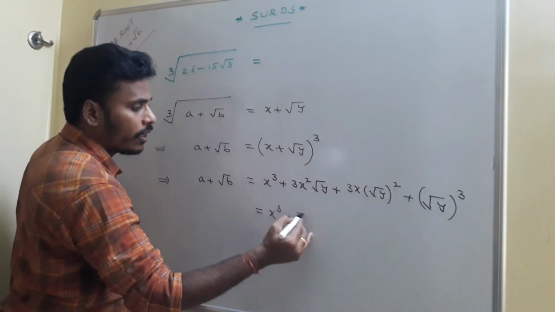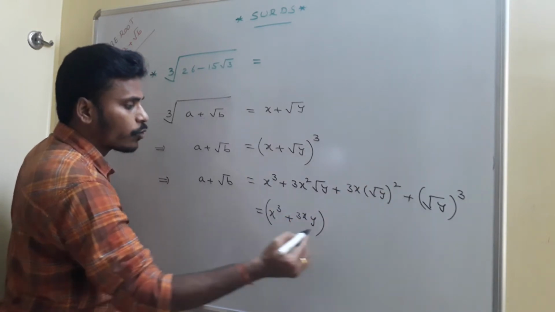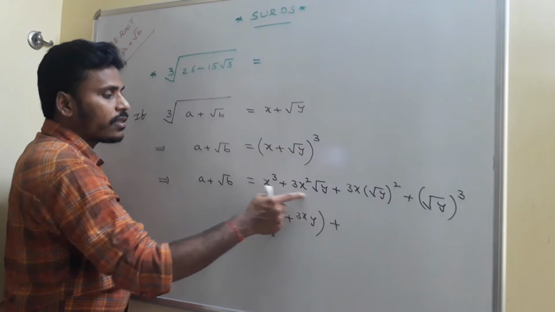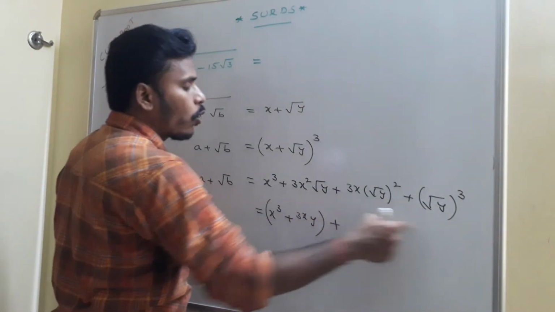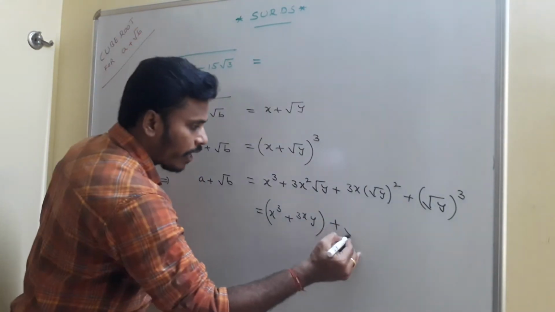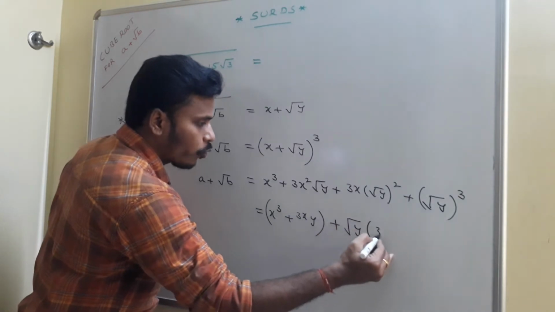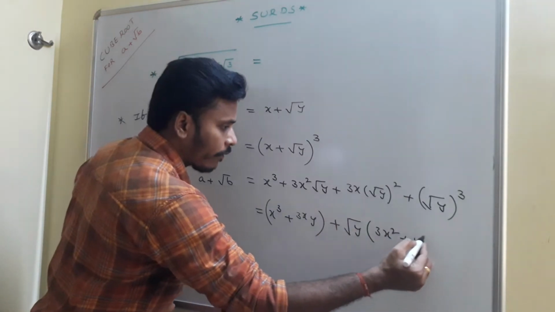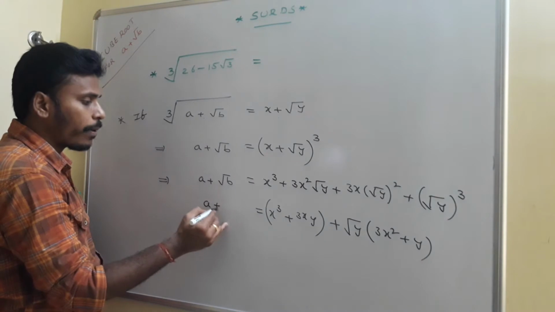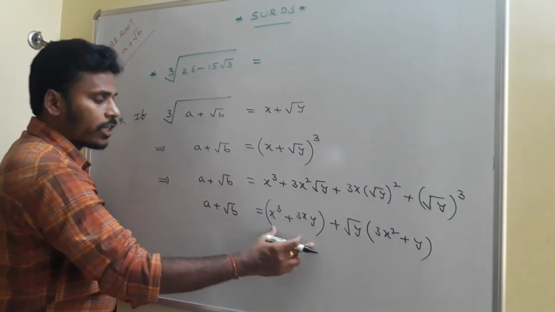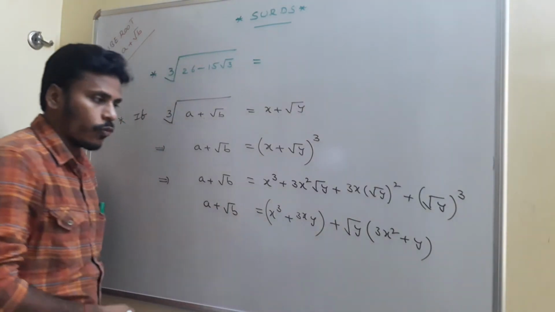On simplification, root y square is y, so 3xy. x cube plus 3xy is the rational part. This is 3x square root y, and root y whole cube is y root y. From there, if you take y common out, we have root y of 3x square plus y. Have a look here: a plus root b is equal to x cube plus 3xy plus root y of 3x square plus y.